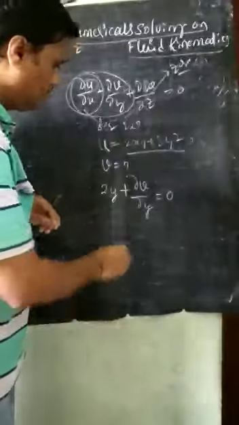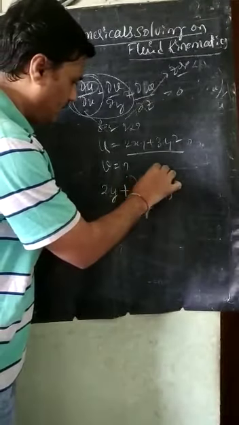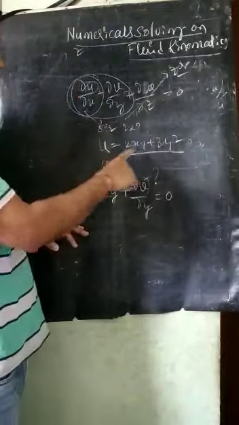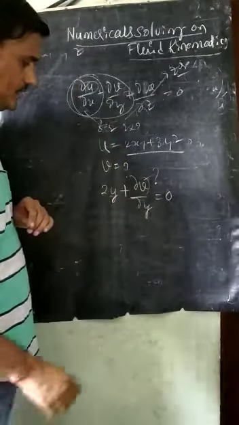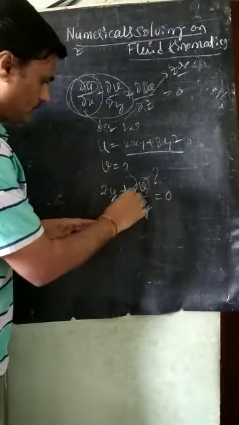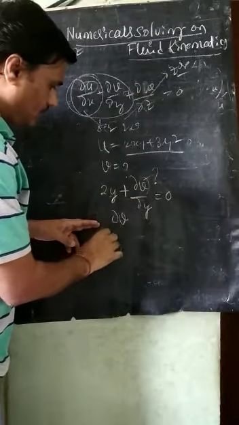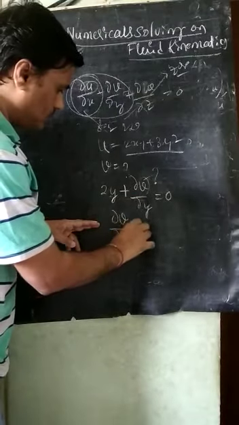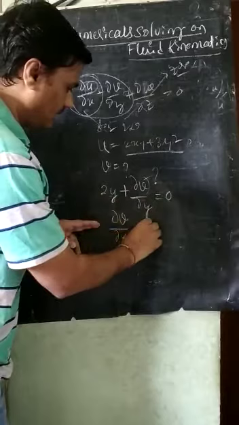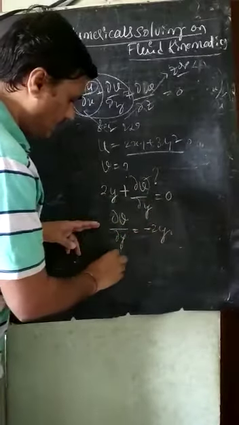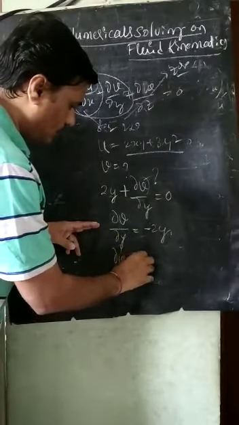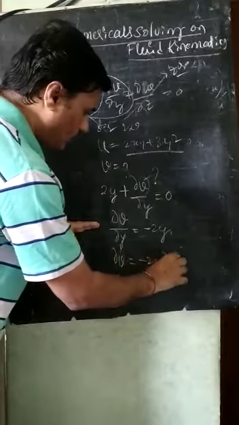We need v, the velocity along the y direction. So dou v by dou y is equal to minus 2y, that is dou v is equal to minus 2y into dou y.